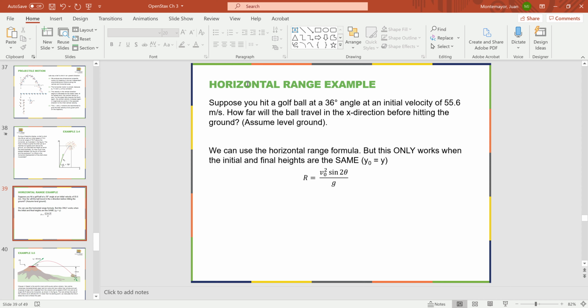We can use this particular equation for that example, when our initial and final heights are the same, because we don't have to worry about anything else. So for this one, we have our V naught, so 55.6 squared, sine of 2 times our theta, so 2 times 36, that would give us 72, over g. You plug that in, and that will give you the exact answer you are looking for here.